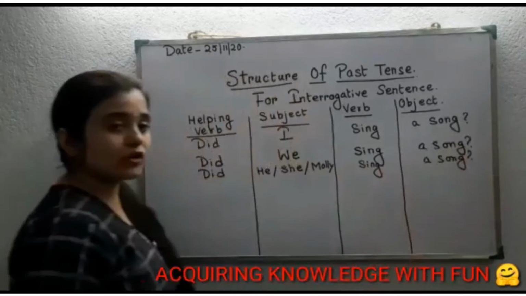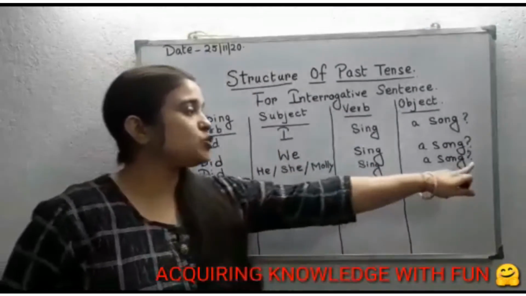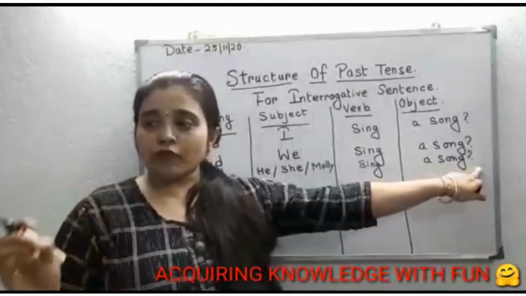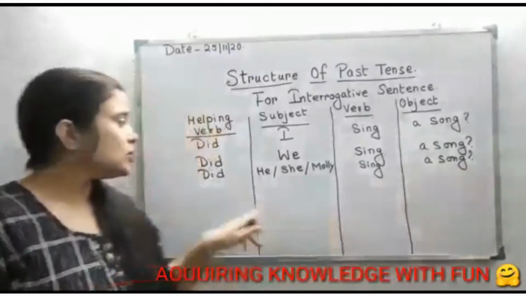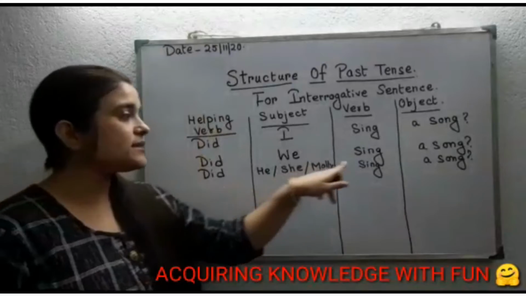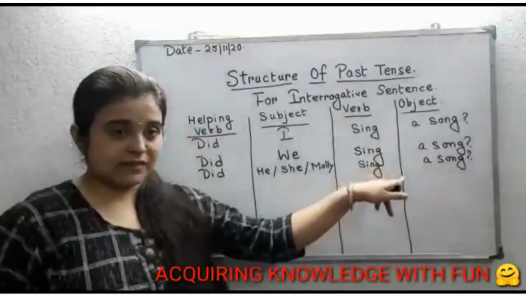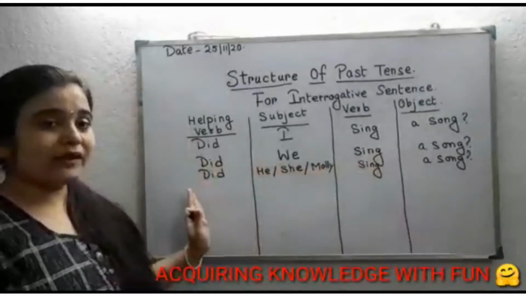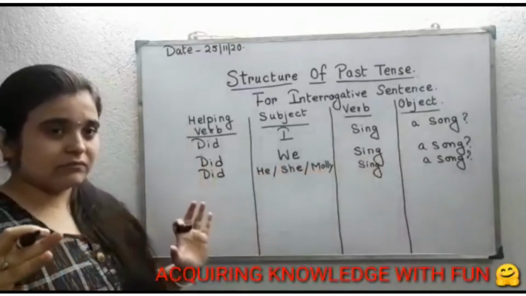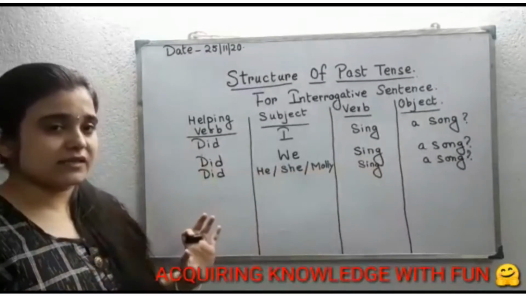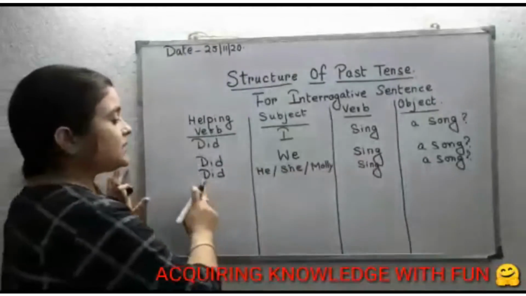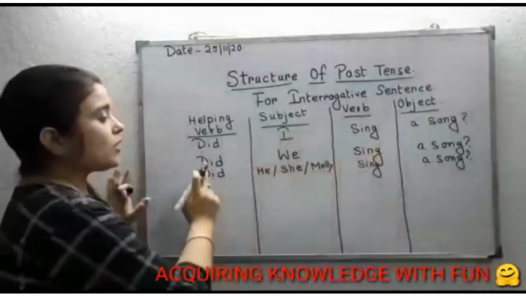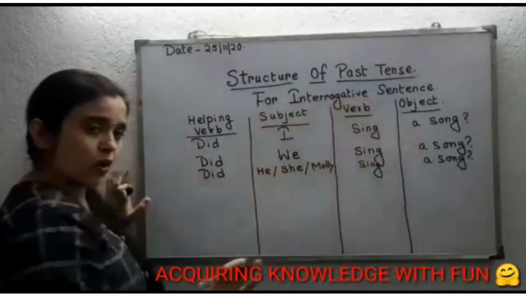It's very important to put this punctuation mark when you are framing an interrogative sentence. Okay? So, did he sing a song? Because you are framing a sentence in past tense. Yes. So, did he sing a song? Did she sing a song? Or did Molly sing a song?